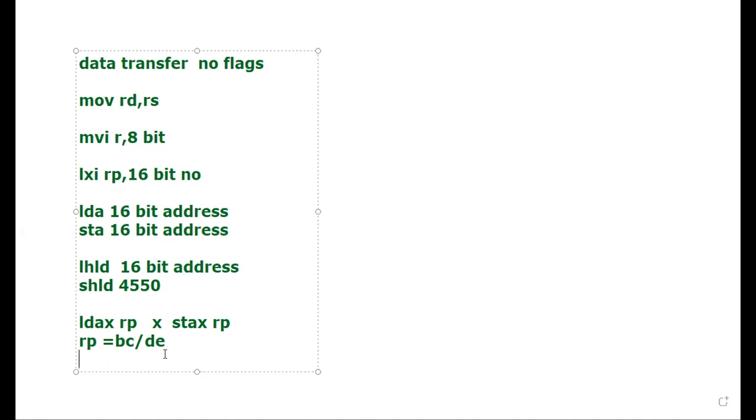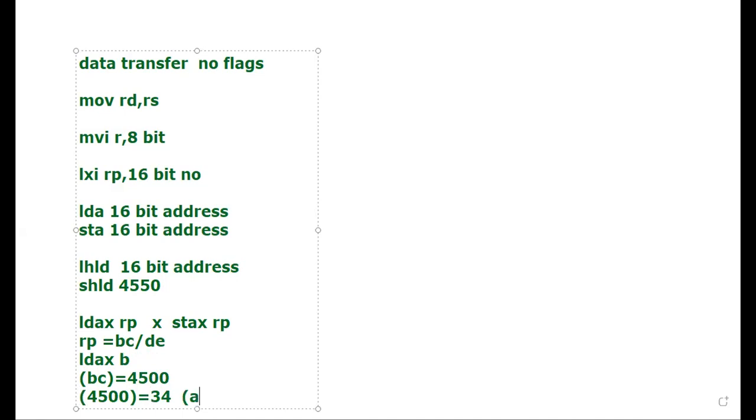So if you say, for example, LDAX B, okay? So the address in BC, suppose BC has 4500 and the contents of 4500 are 34, then accumulator contents will become 34. That is the meaning of LDAX.